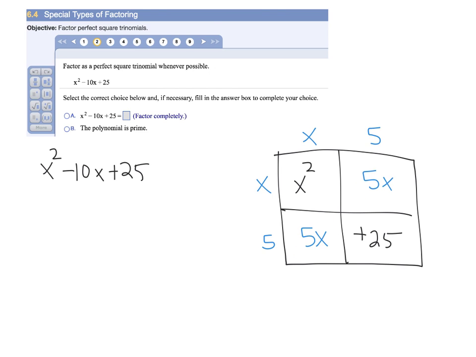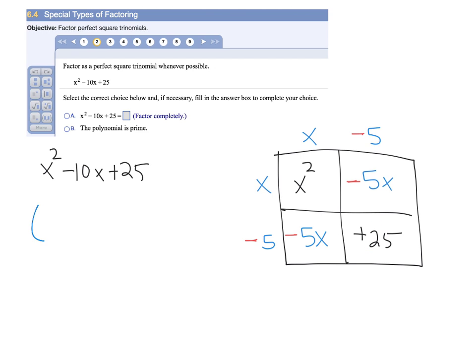Well, that means both of these guys have to be negative, which means this is negative 5 and this is negative 5, because that's how we're going to get negative 5 times x is negative 5x. X times negative 5 is negative 5x. And we still preserve that positive 25 because negative 5 times negative 5 gives us positive 25.